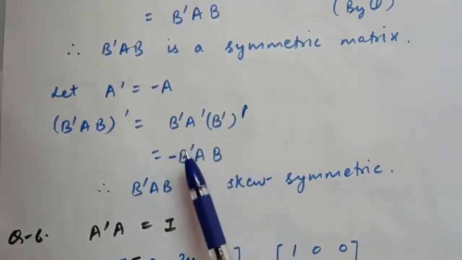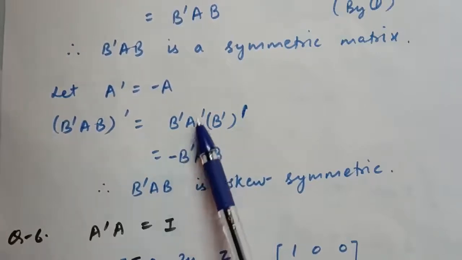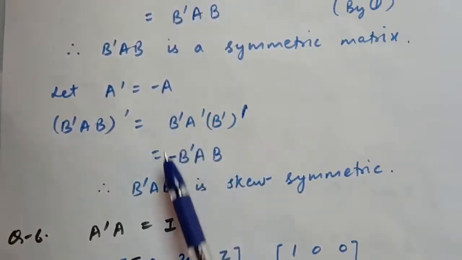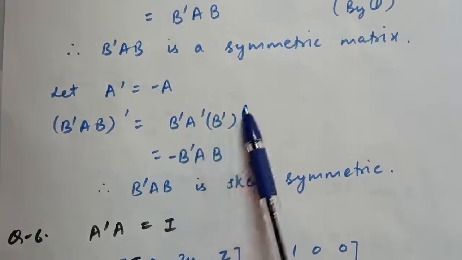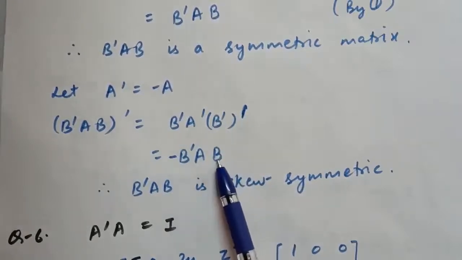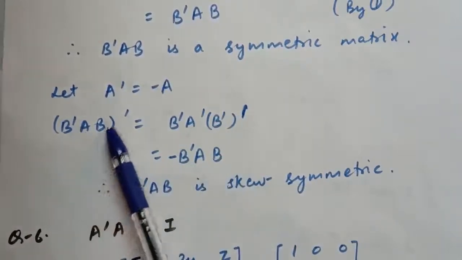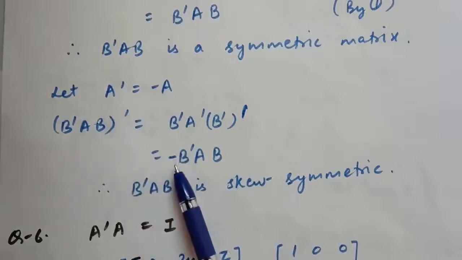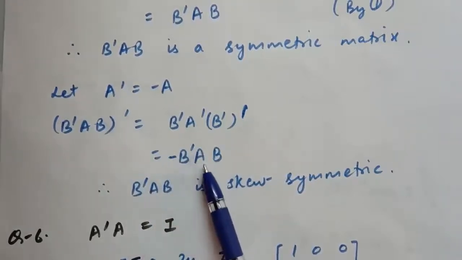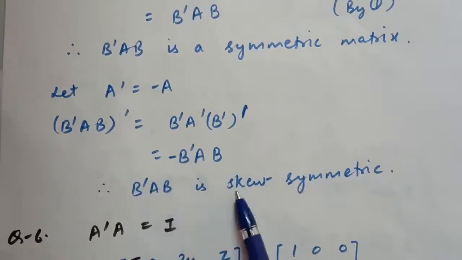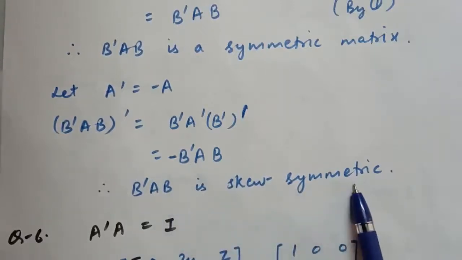Now this is B transpose as it is. In place of A transpose writing minus A, and transpose of B transpose is B. So B transpose AB whole transpose is equal to minus of B transpose AB. That is, B transpose AB is a skew symmetric matrix.